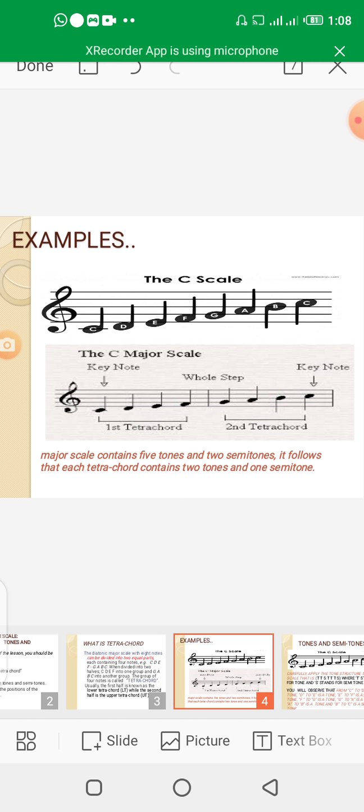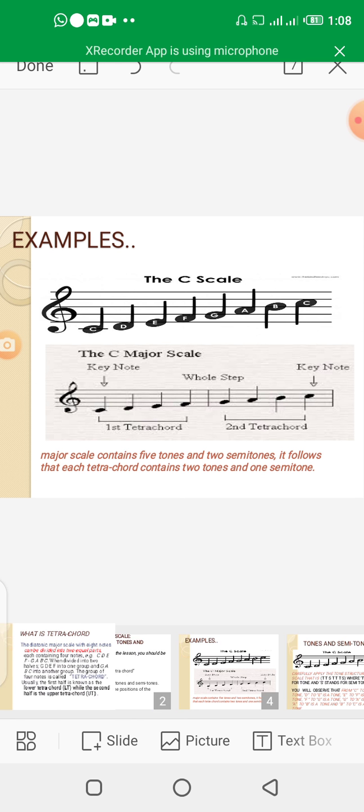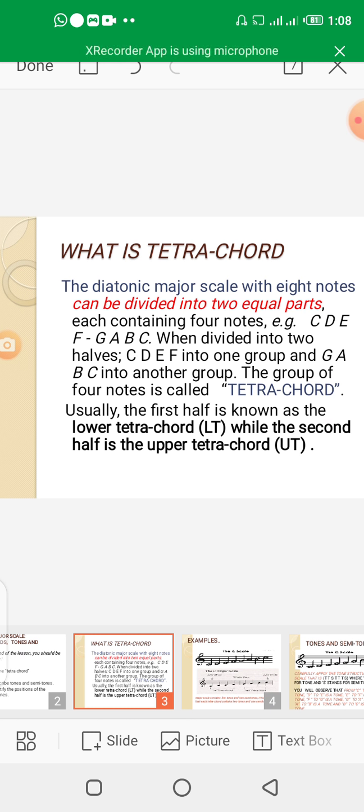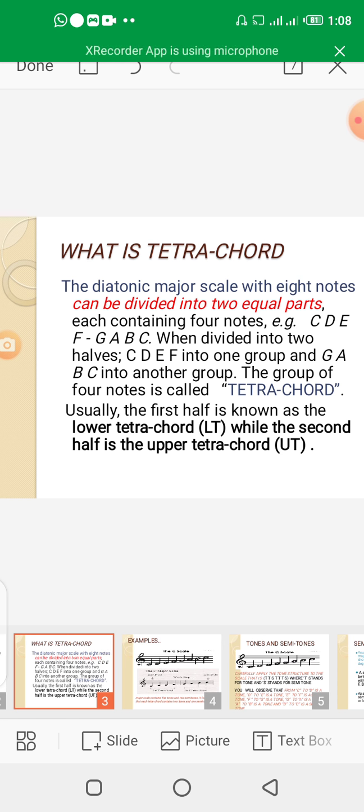From G to A is a tone, from A to B is a tone, while from B to C is a semitone. So that's why we're told that each tetrachord has 2 tones and 1 semitone. Okay, let's go to the next slide.